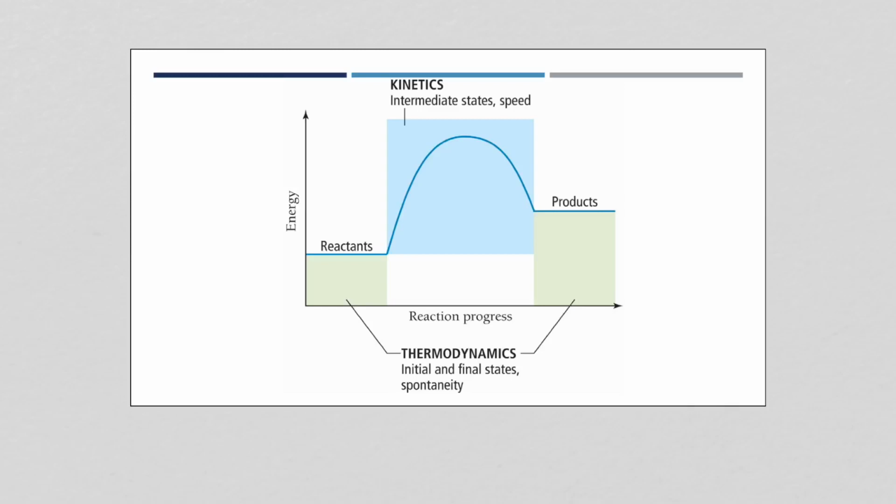We study the intermediates, the mechanism, all of this stuff in this part. In thermodynamics, we only care about what something is in the beginning and what something is in the end. We want to see how the chemical potential changes as we go from here to here. So there's going to be a chemical potential change here.